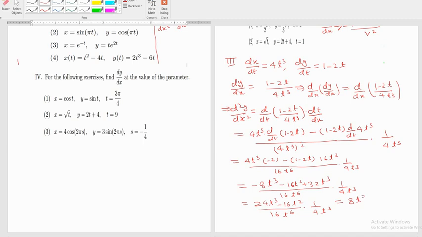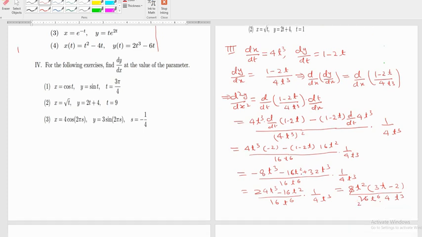So 8t square keep outside, so it will come 3t minus 2 divided by 16t power 6 into 4t power 3. So see that one? 8 divided by 16 is 2, and t square divided by this.